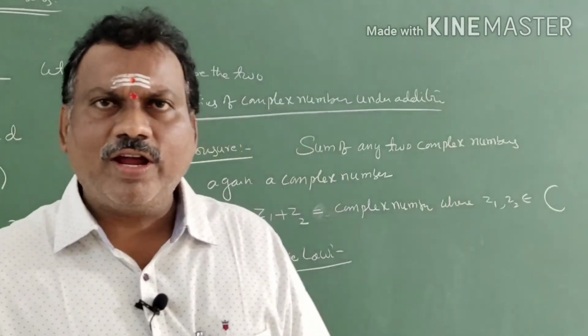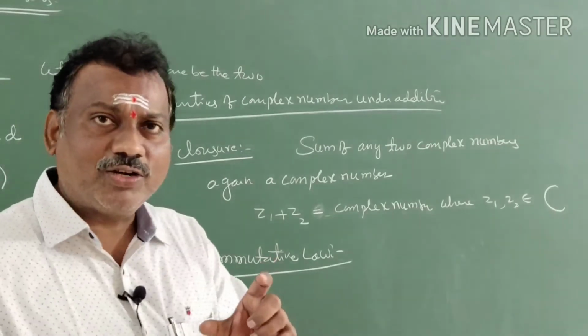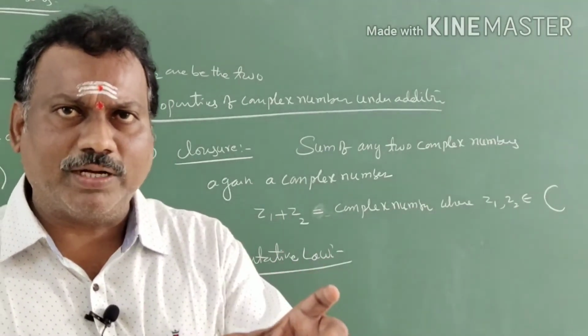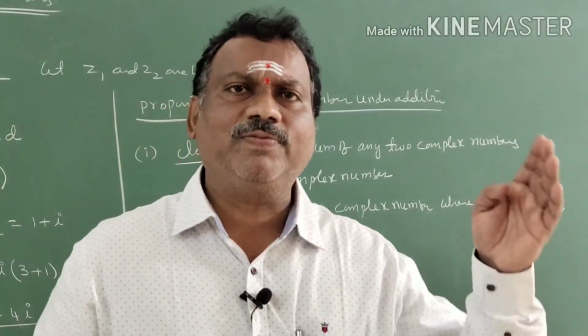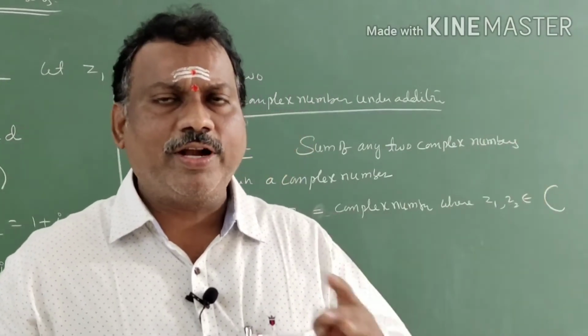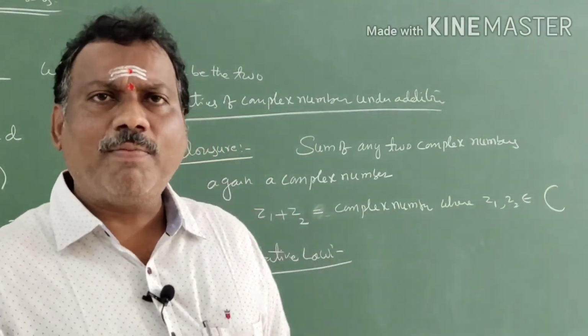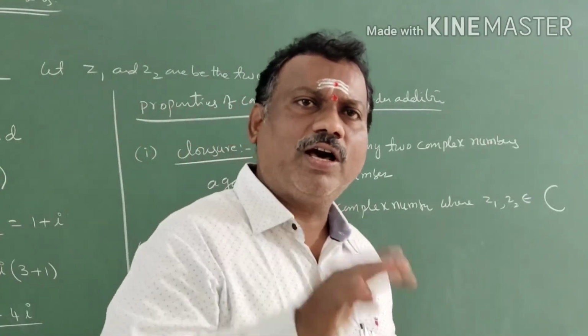Now we are going to check Z1, Z2, which are complex numbers, not real numbers, because real numbers always satisfy commutativity. Now we are checking whether complex numbers follow the commutative law or not.